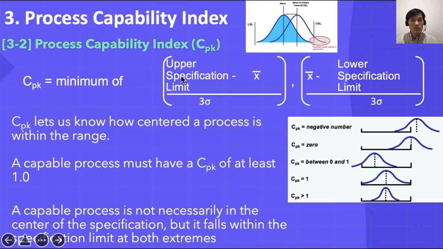And upper specification is greater than X bar. So here, X bar is right here, but the specification is greater than that, so it's right here. Cpk is 1 is perfectly centered. Cpk greater than 1 means this one is very good. So this is far greater than X bar, and therefore the process is in control, and it's aligned perfectly. So usually, if you have 1.33 as your Cpk, that's a very good process.